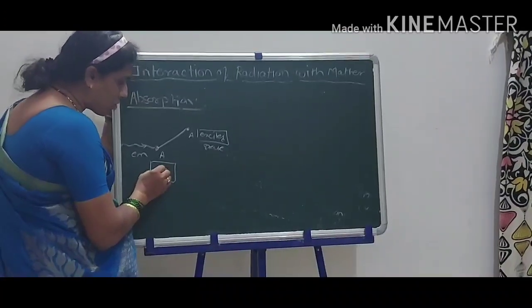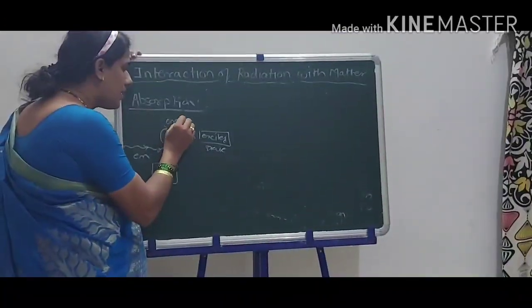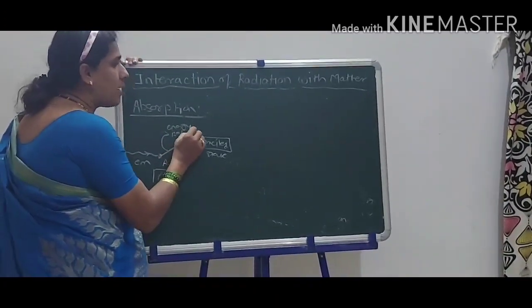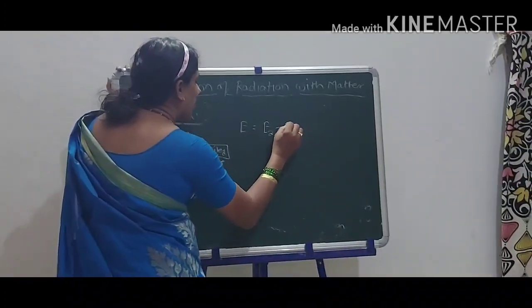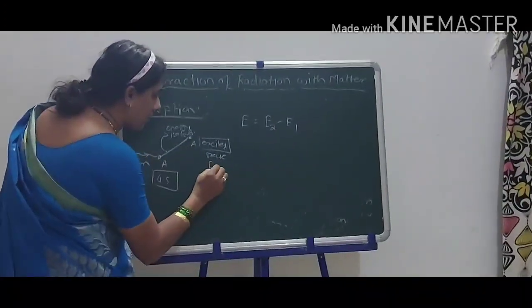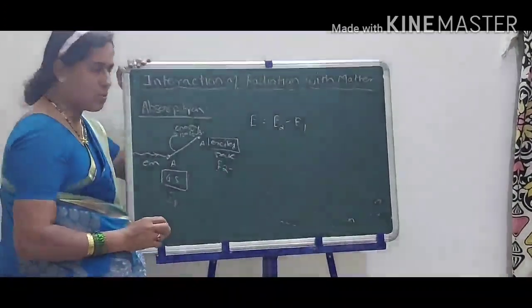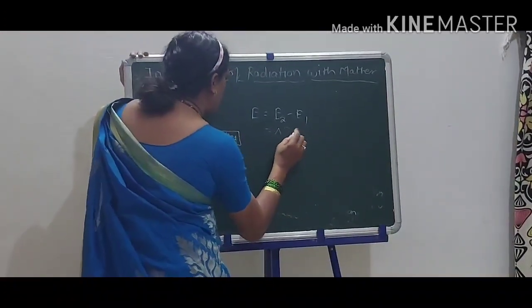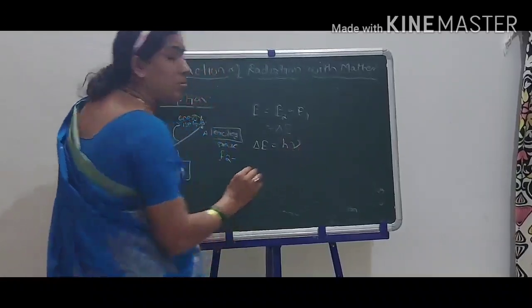From ground state to excited state, the amount of energy absorbed is given by the relation E is equal to E2 minus E1. Here E2 is the energy of the excited state and E1 is the ground state energy. Therefore E2 minus E1 is equal to delta E. And we have delta E is equal to h nu.